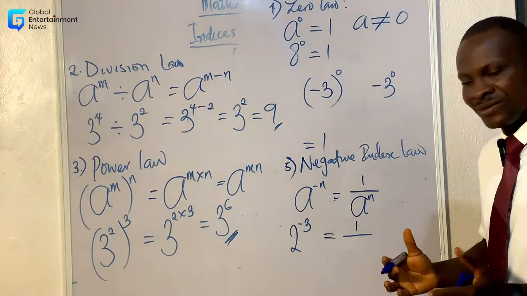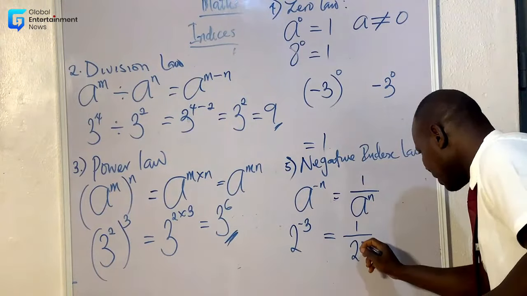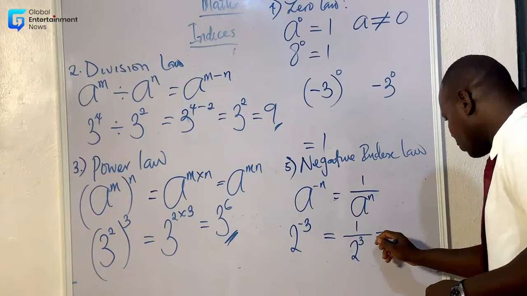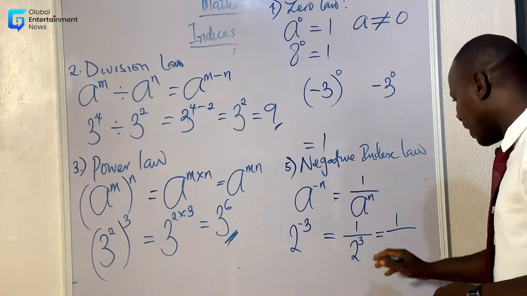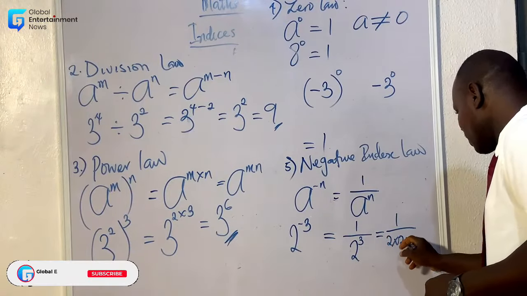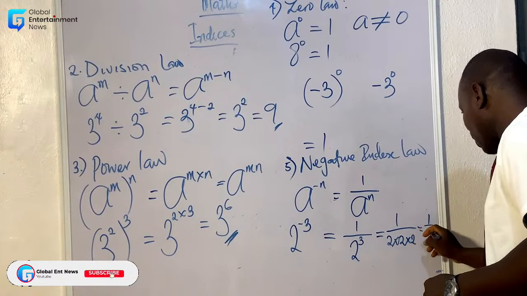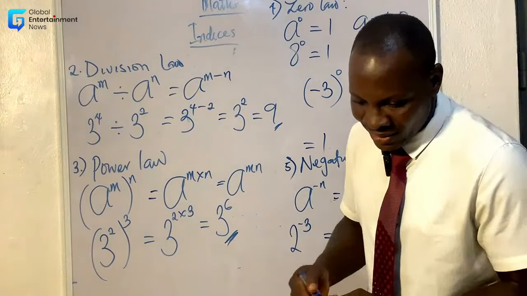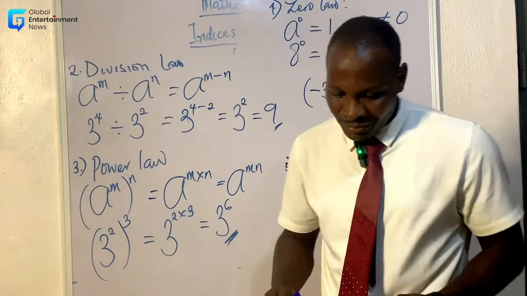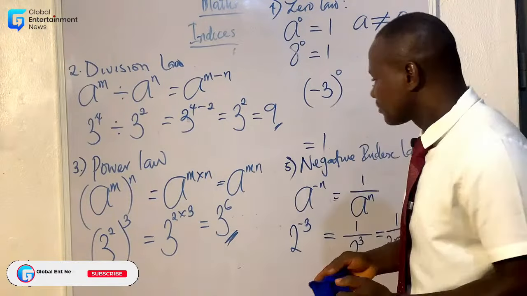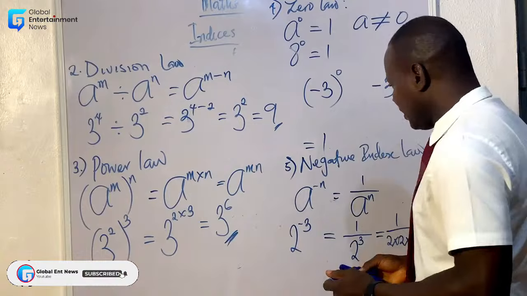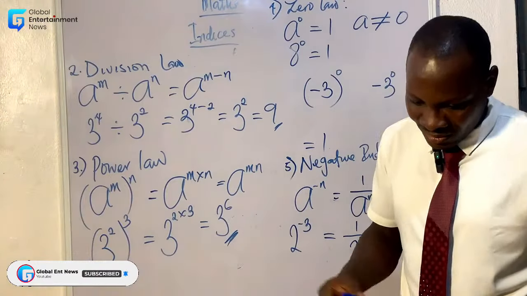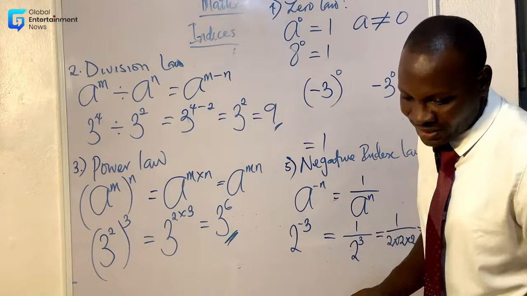So what is left now is 2 raised to power what? 3. And this will now give me 1 all over 2 times 2 times 2. Then that is 1 all over 8. Let me give you another example on this inverse.